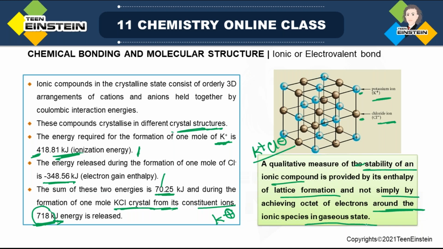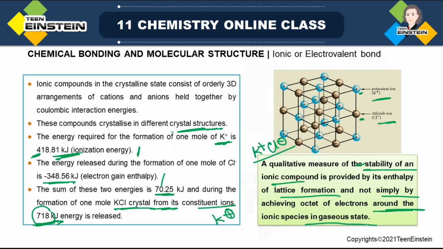But simply achieving an octet is not enough. Maybe you can take any cation or any anion, and make different types of pairs, like different types of ionic compounds, and say that the octet is complete, so it is stable. But no, that is not necessary. How will you know whether it is stable or not?